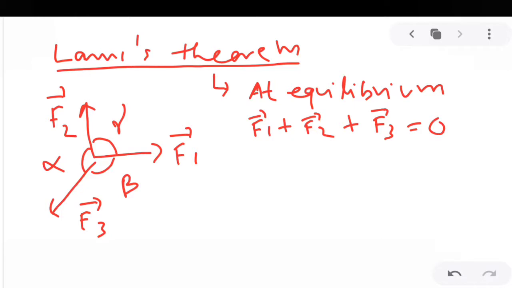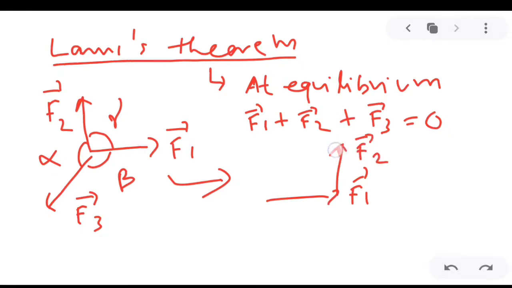We have seen just now how we can represent these three vectors: this is F1, this is F2 and this is F3. The three vectors are represented along the three sides of a triangle taken in the same order, meaning the same sense of rotation. Then their resultant is 0 and we say that the vectors are in equilibrium. This is the equilibrium condition.